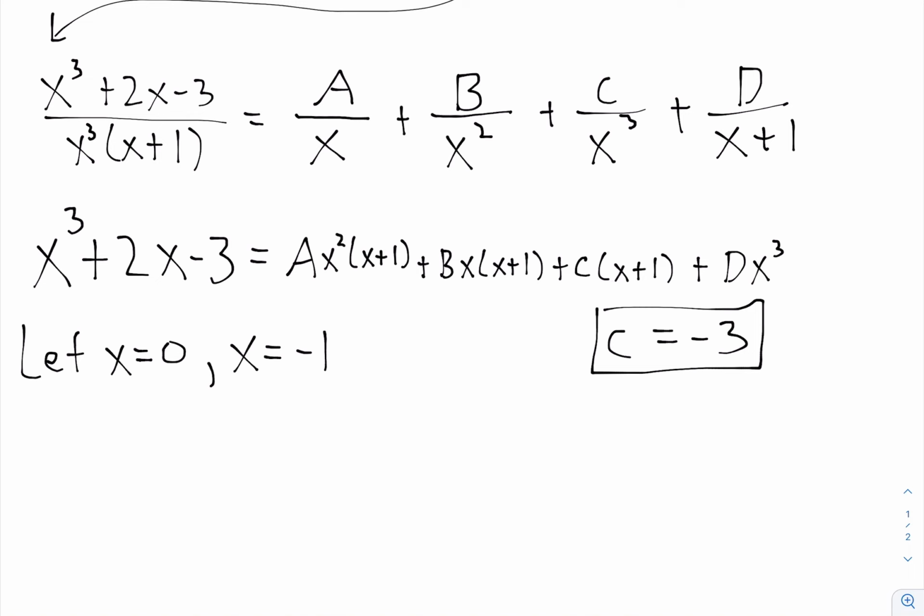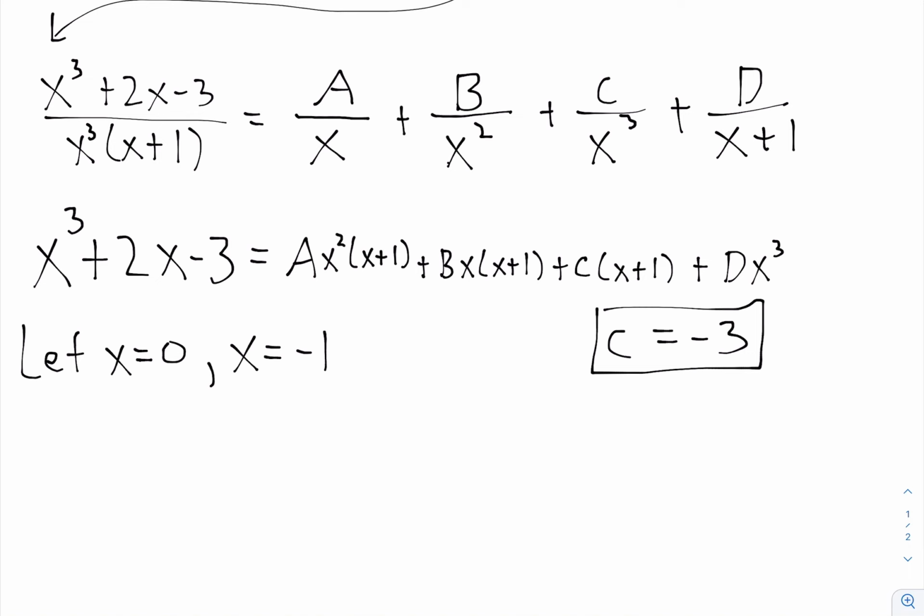The reason is that the first term will be a times negative 1 squared times negative 1 plus 1. Negative 1 squared is 1, and negative 1 plus 1 is 0, so it's going to be a times 0. So any term with a factor of x plus 1 in it will disappear, essentially.